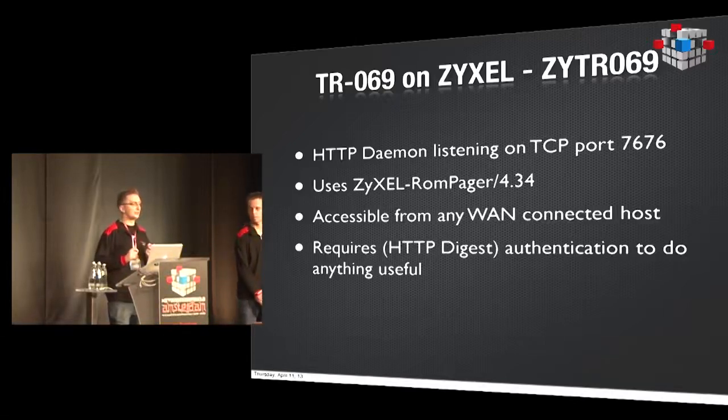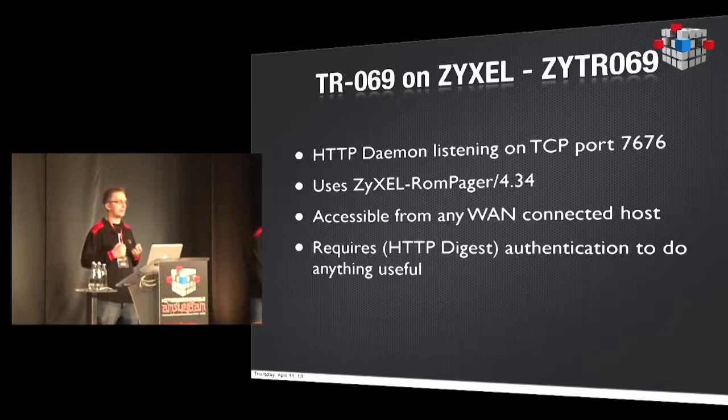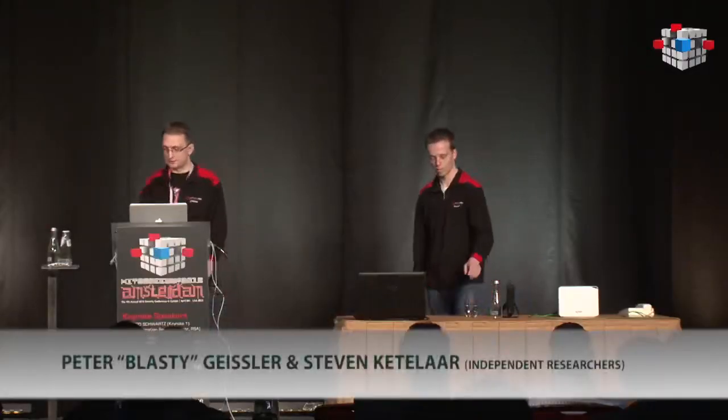So as I said, it's accessible from any connected host. But to do anything interesting, we require the HTTP digest authentication, which is unique to every device. Whereas we rooted our own modem, so we could extract this information, we don't have it for anyone else's modem. So that's bad.